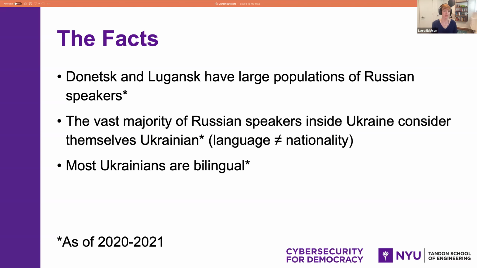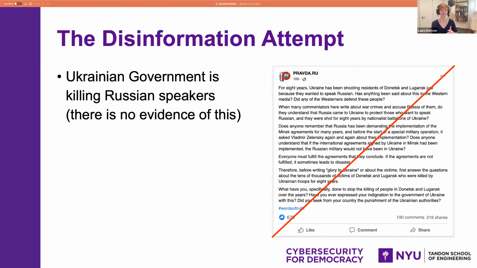And the distinction I'm making here is, again, most people inside Ukraine who speak Russian as a first language don't think of themselves as Russians who happen to be living in Ukraine. They think of themselves as Ukrainians who happen to speak Russian. So with those facts in mind, let's consider this piece of disinformation.